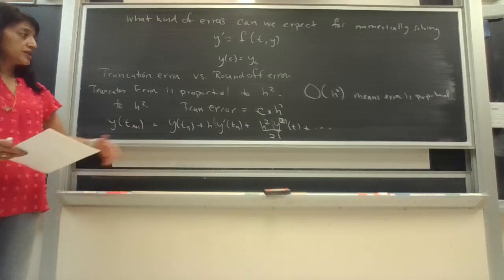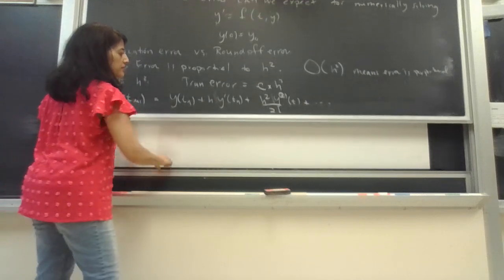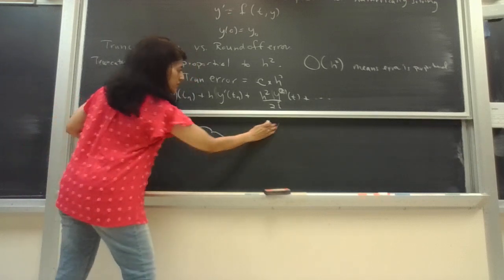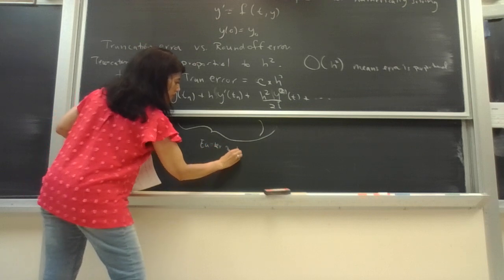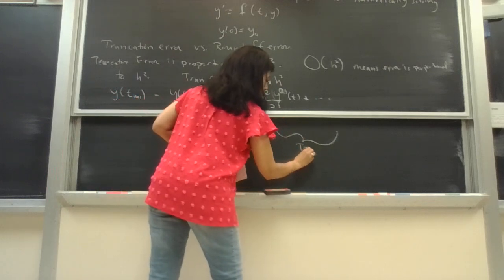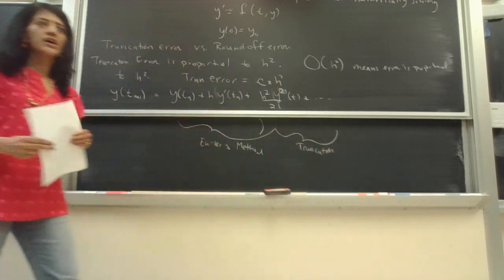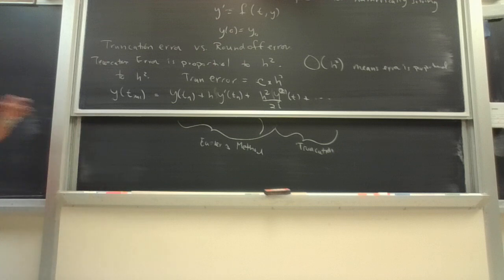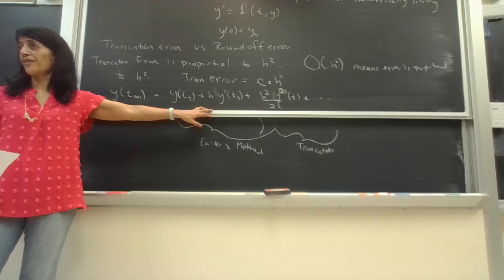And then if I just chop it off at the first two terms, this part here is Euler's method. And this stuff right here is a truncation. I just cut off the Taylor series and took the first two terms. So that's what Euler's method does. And y prime is just f, the right-hand side. I made it autonomous so that you can see the math.